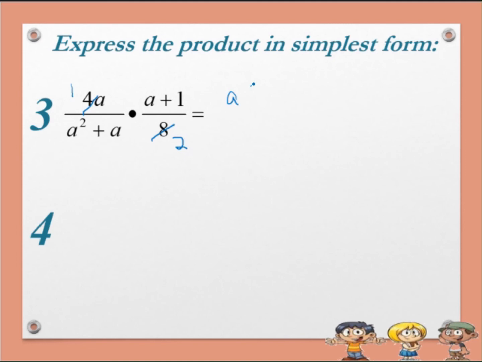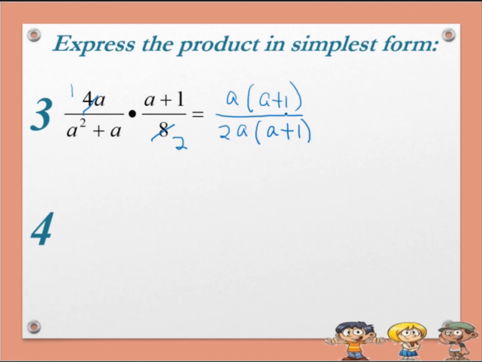So a times a + 1 all over what's left in the denominator, a² + a times 2. a² + a has a common factor of a times the remaining factor. a² divided by a is a, and a divided by a is equal to 1. Remember, we still have 2 here in our denominator. So we multiply the whole denominator by 2.